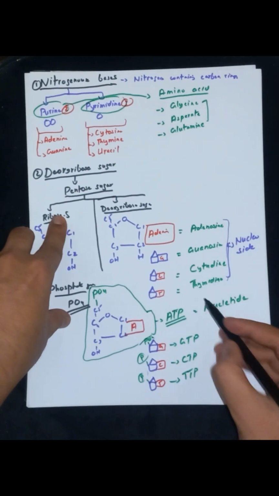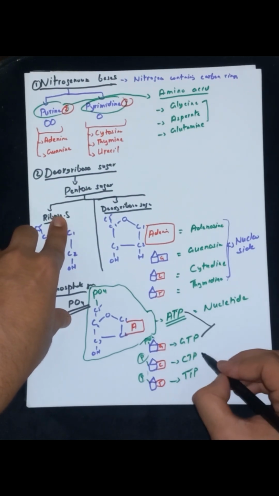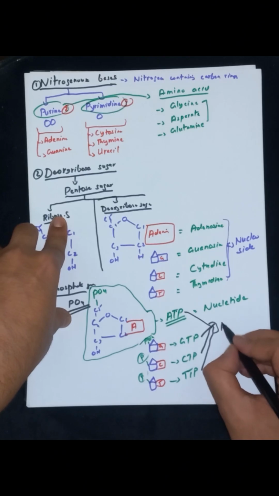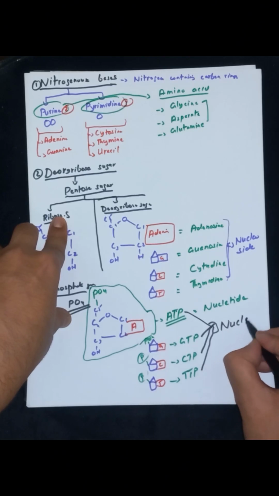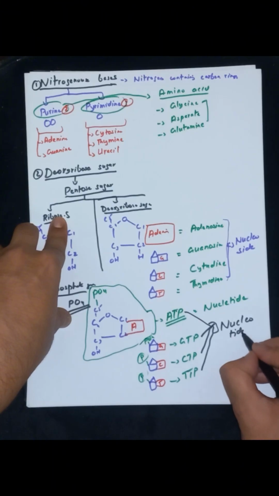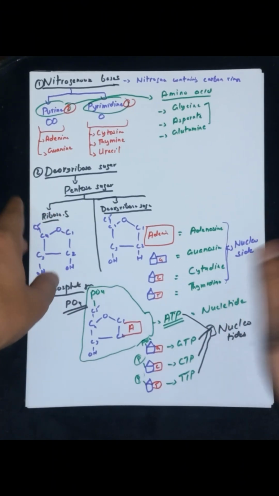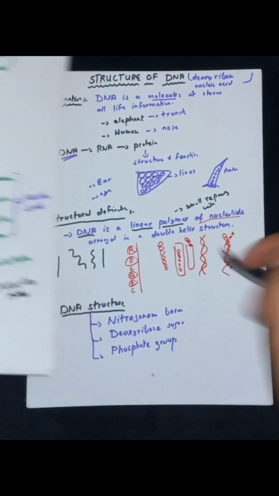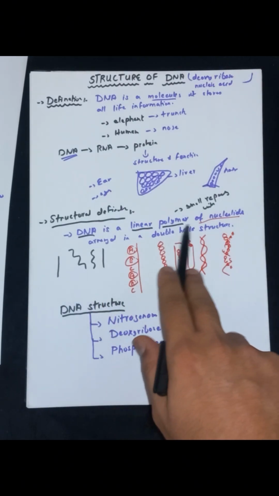So now all these ATP, GTP, CTP, TTP, what are they? Nucleotides. Okay, so this is a group of nucleotides. So we have got our nucleotides here. Okay, let's go back. DNA is a linear polymer of nucleotides.